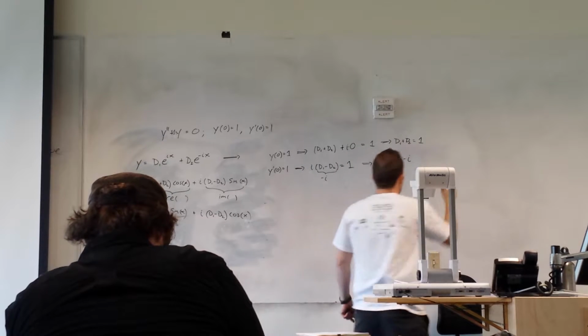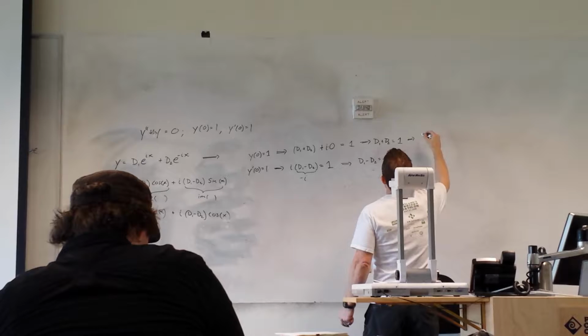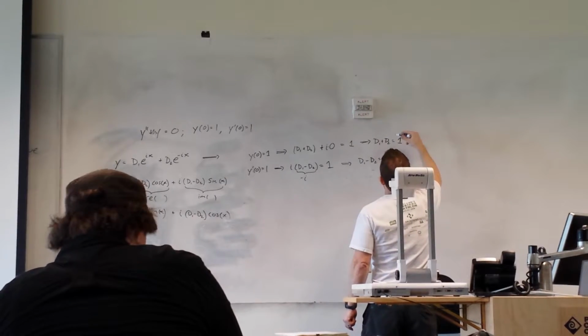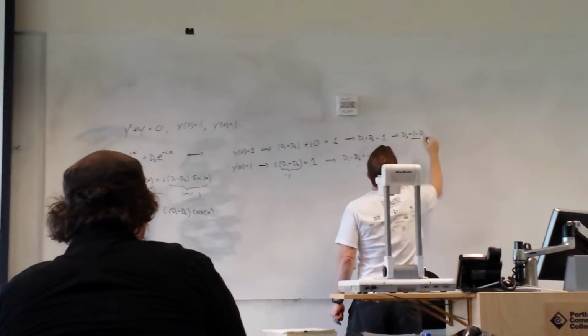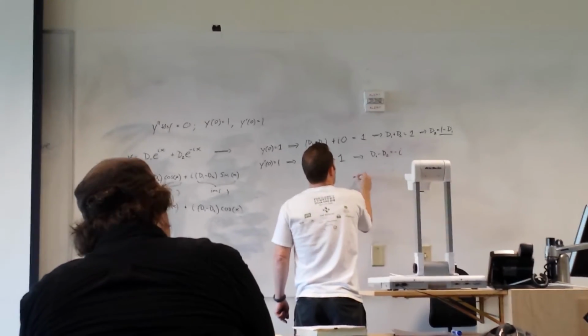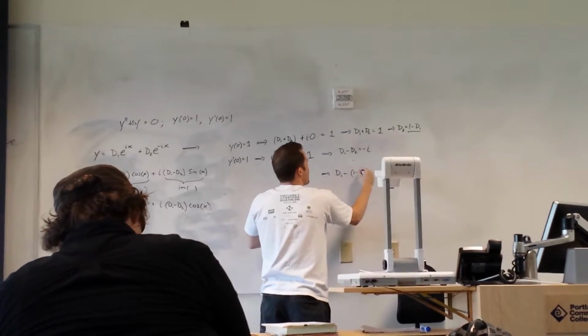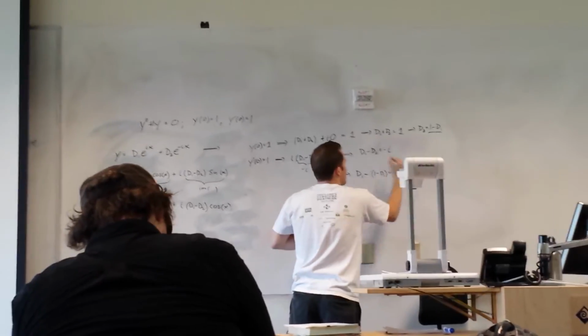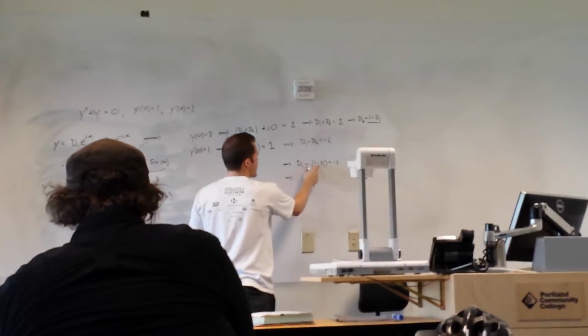Okay. This equation, I can write this as just what? d1 or d2. How about d2 equals 1 minus d1, right? Substitute that into the other equation. I get d1 minus, and d2 is 1 minus d1, and that has to equal negative i. So we get all the minuses.